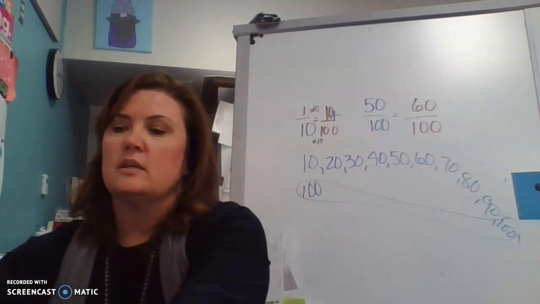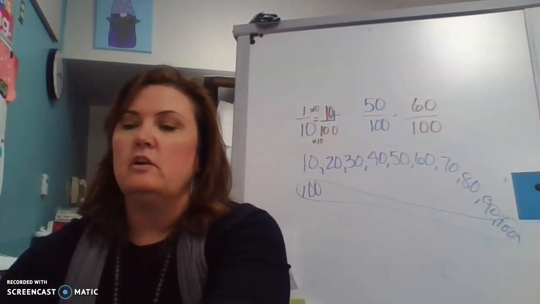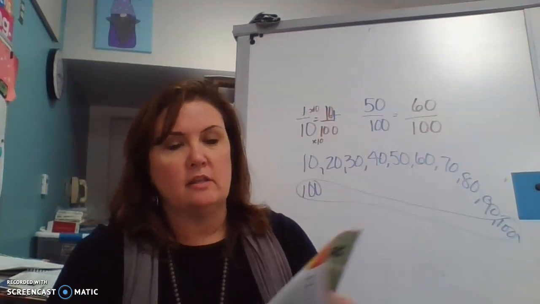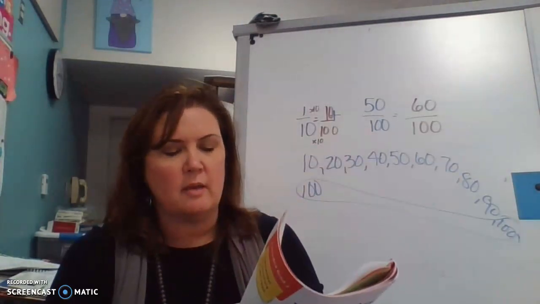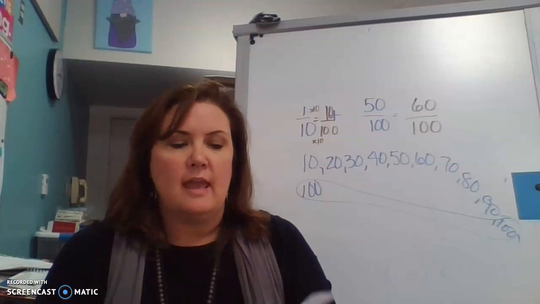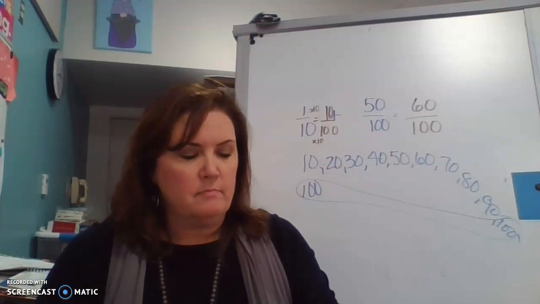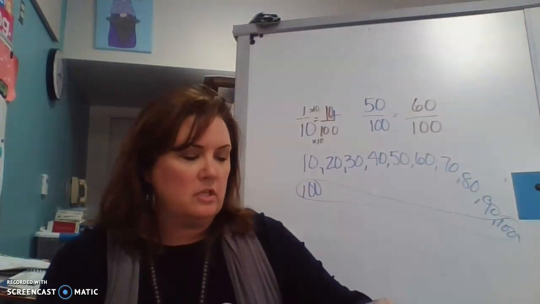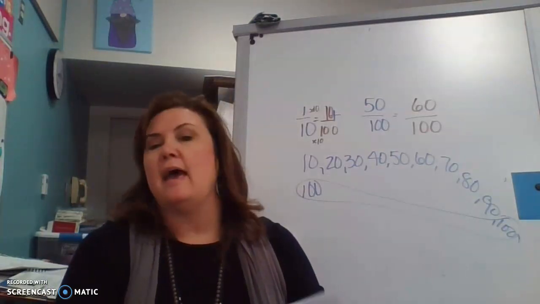In reading class, we're continuing to look at Hercules and Hercules' quest from our magazine, starting at page 22. Yesterday's packet had a Venn diagram, and that Venn diagram was asking you to compare Hercules and Atlas.